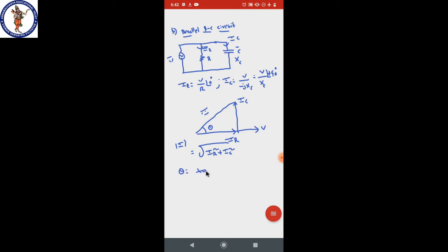Theta equals tan inverse of opposite side by adjacent side, IC by IR. What is cos theta? Cos theta equals IR by I, the power factor. It will be a leading power factor. This is the leading power factor for the RC circuit.